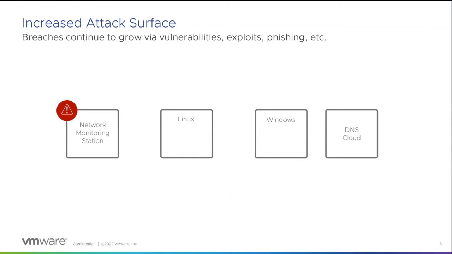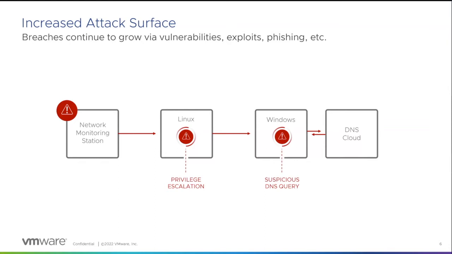But if attackers are able to evade initial detection and make it on to a host or a server, in this case, a Linux box, escalate their privileges by lateral movement, then moving on to a Windows host.